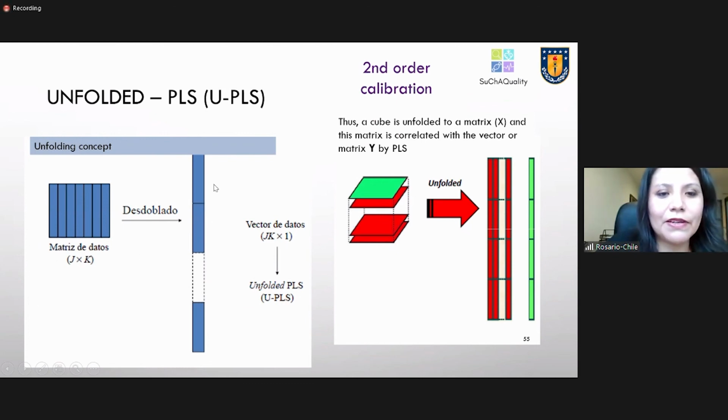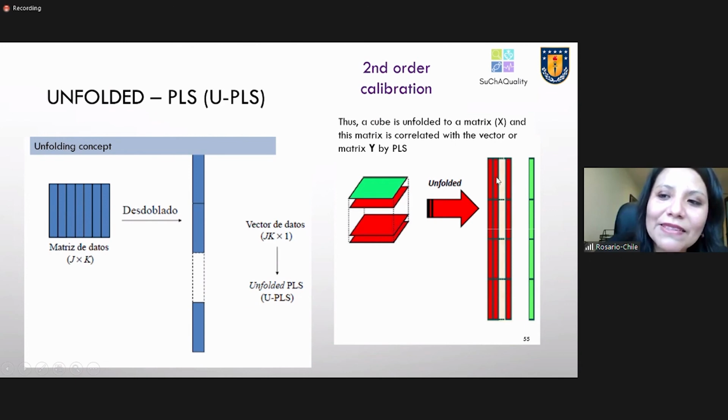And now we have a vector, so I reduce the matrix to a vector, and then we can use, for example, univariate calibration, okay? And in chemometrics it's the same. I have a cube, and this cube is unfolded to a matrix. I put each face of the cube under the other face, and now I have a matrix.